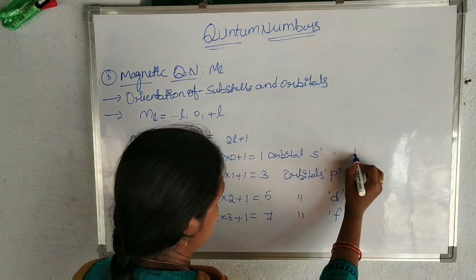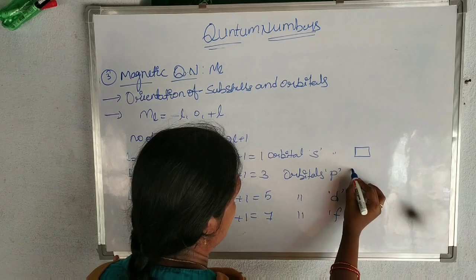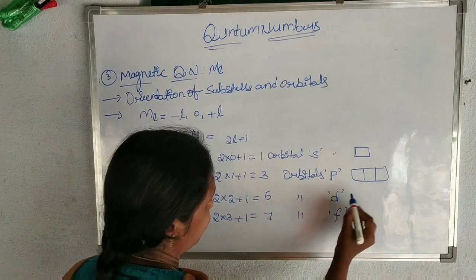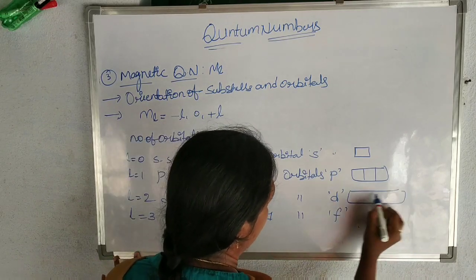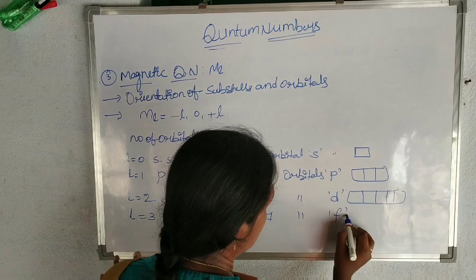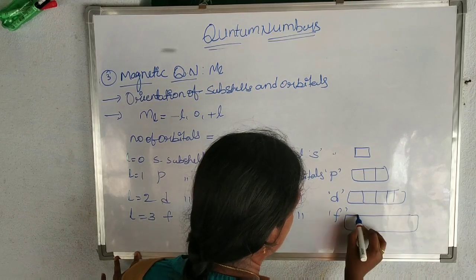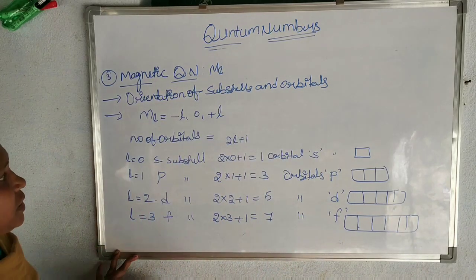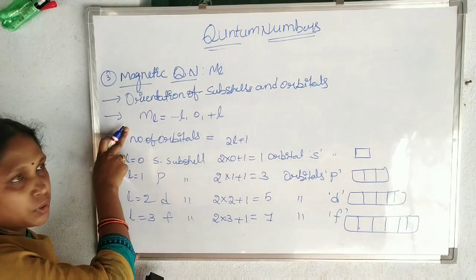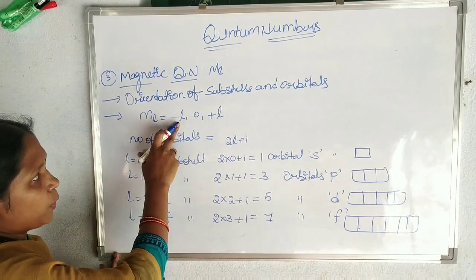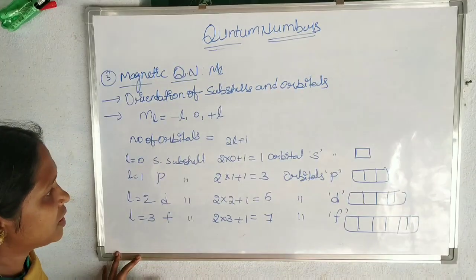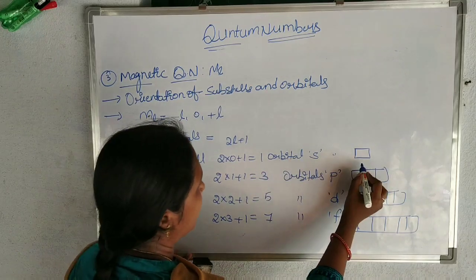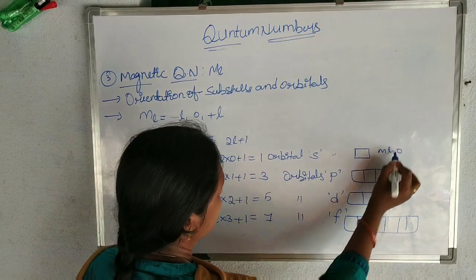We simply represent the S orbital with a single square box, a P orbital with 3 boxes, a D orbital with 5 boxes, and F orbitals with 7 boxes. And as we already said, the ML values for orbitals are minus L, 0, plus L. The S subshell has only the S orbital, with an ML value 0.